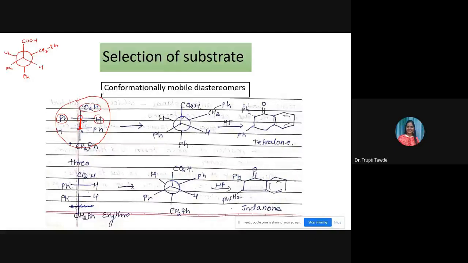So what I'm going to do here, I'm going to fix this front carbon as it is. So I'm drawing as it is: COOH, pH, and this H. Again, the back carbon, I'm rotating it. I'm taking pH here. So H will go on this side and CH2pH will be down.